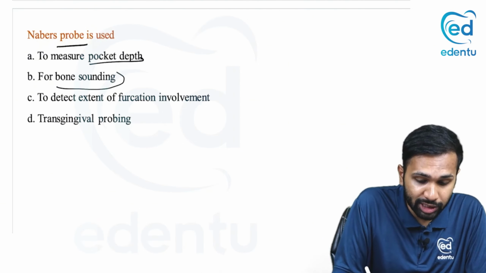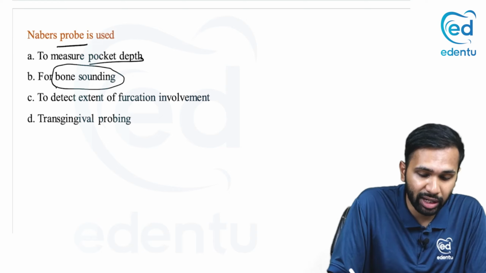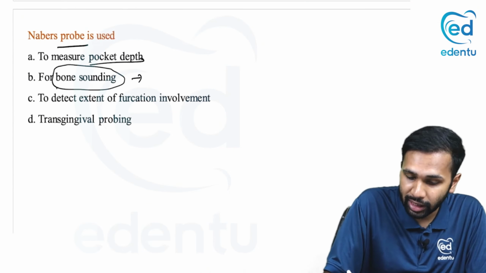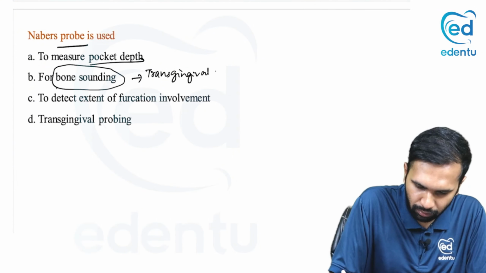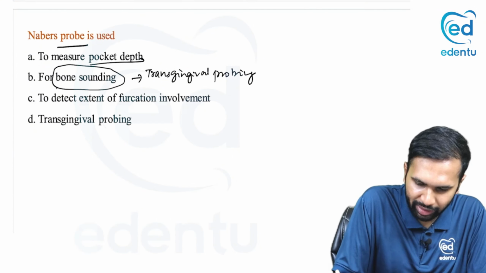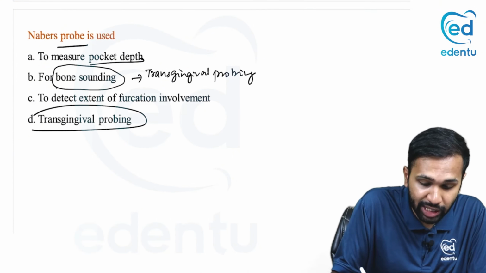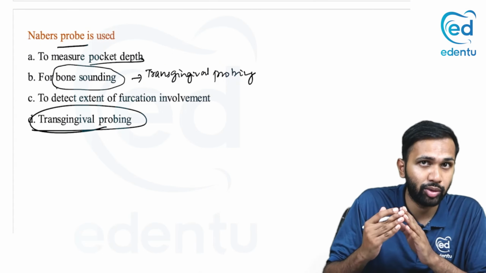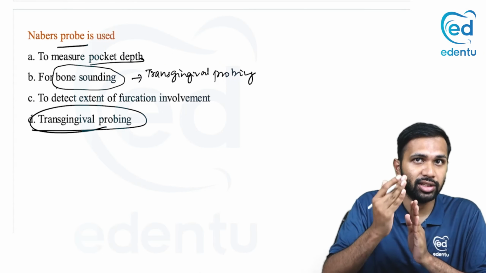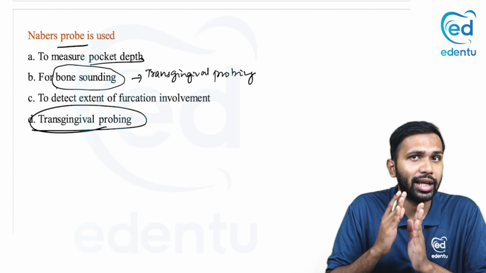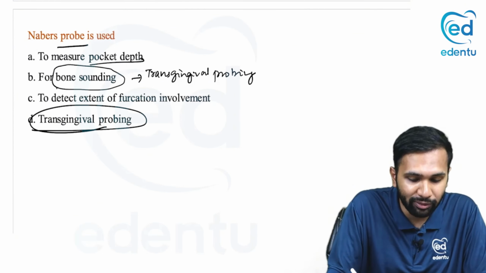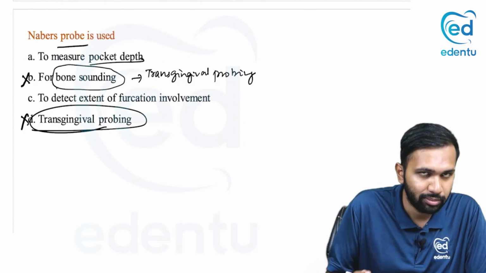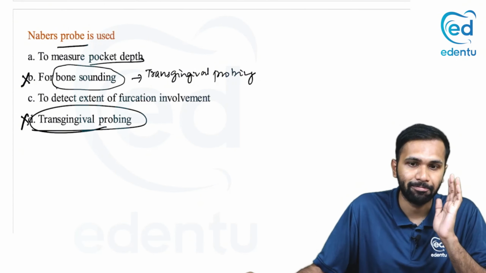Bone sounding we have read is another name for transgingival probing, which is option B. Option B and option D are the same, right? They have just given the synonyms. So most likely, if two options mean the same thing, they won't be the answer.